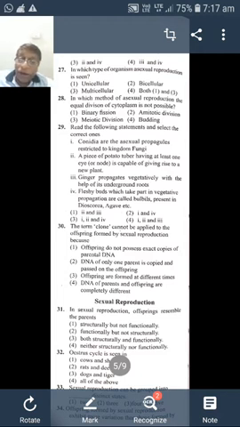Then, DNA of parents and offspring are completely different. No, not completely different. Okay, that's all about asexual reproduction. So we completed asexual reproduction. Now, sexual reproduction.